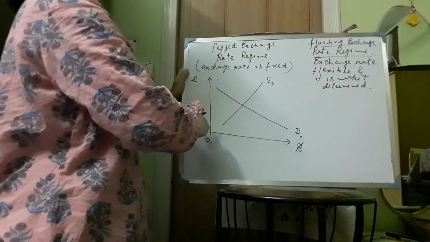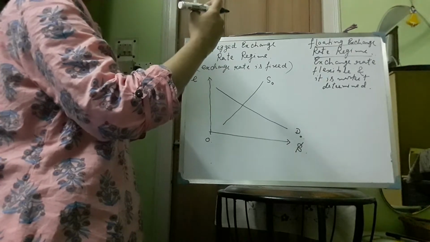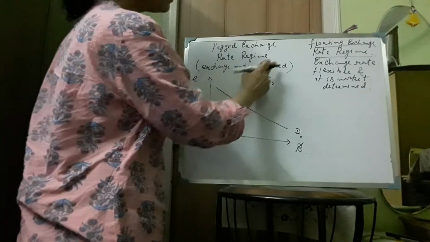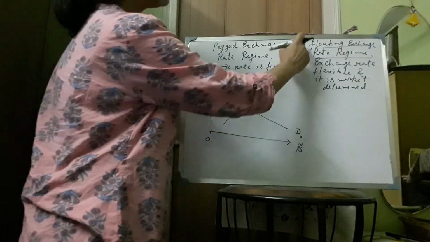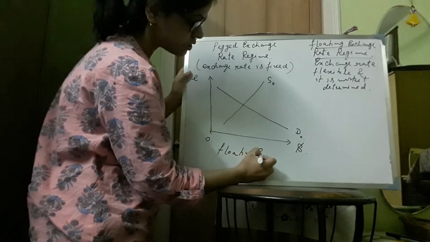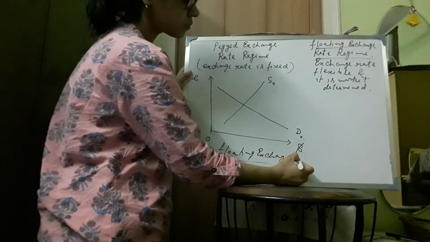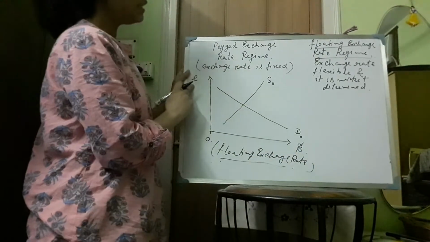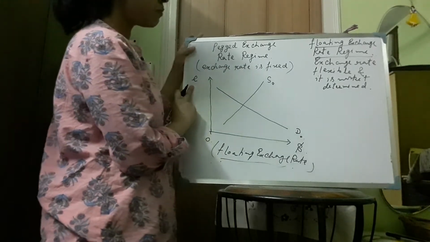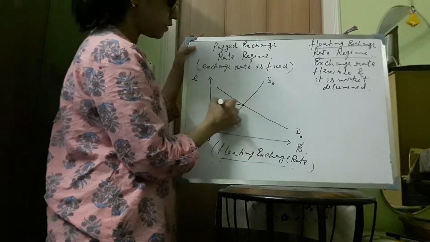And why is the supply curve positively sloped? Because when the price of the foreign currency is increasing, then automatically the supply of foreign currency is also increasing. So that is why the supply curve is upward rising. Now under the floating exchange rate regime, since the exchange rate is determined by the market forces, the equilibrium exchange rate is determined here.